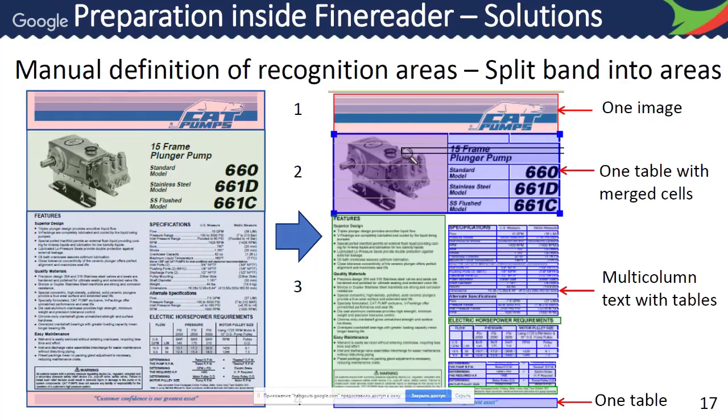Next, inside band number 3, we have two columns which contain text and tables. Finally, inside band number 4, we have a table. Actually, you could use a text area here as well, but a table allows better control of the preceding and following elements, so I often choose it in such cases.